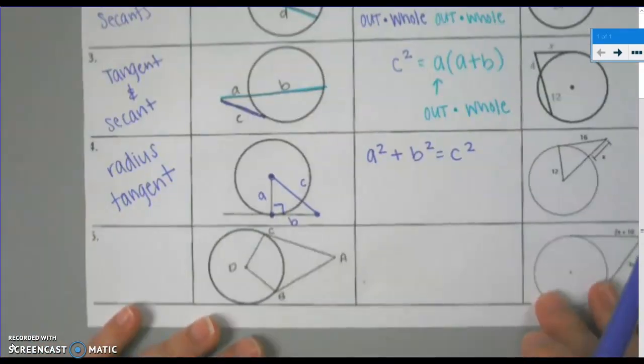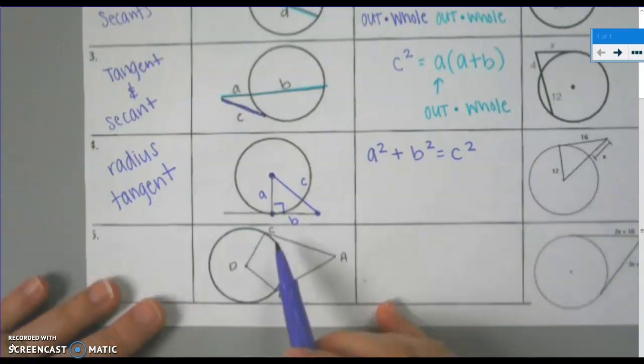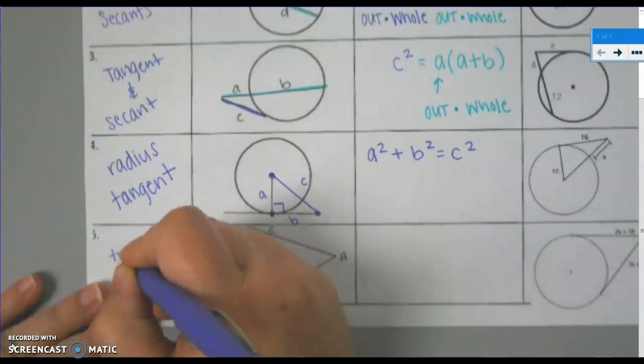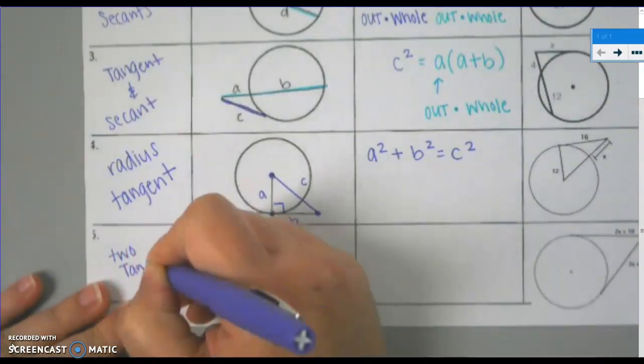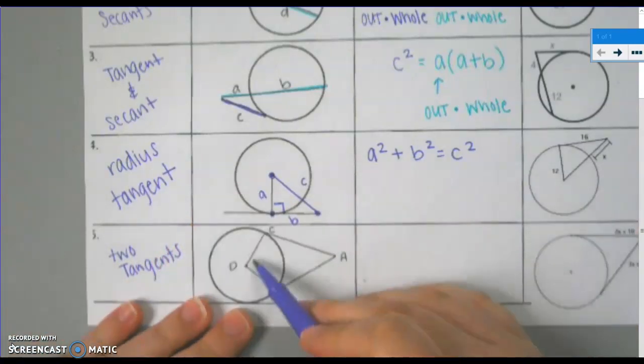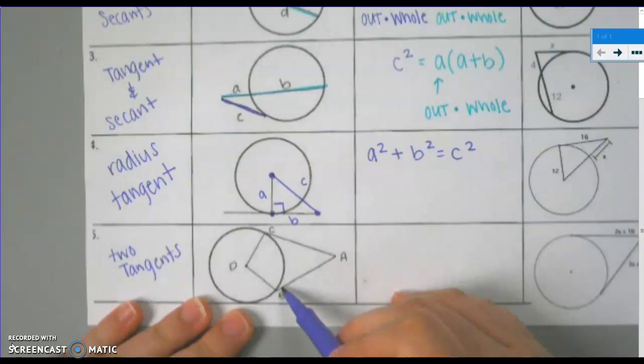All right, for number 5, we have 2 tangents. And yes, there are 2 radii here.